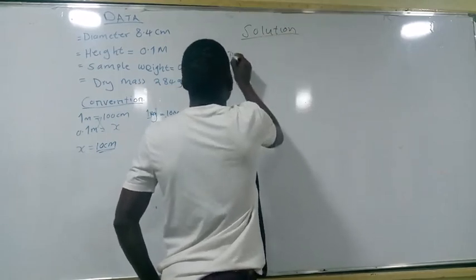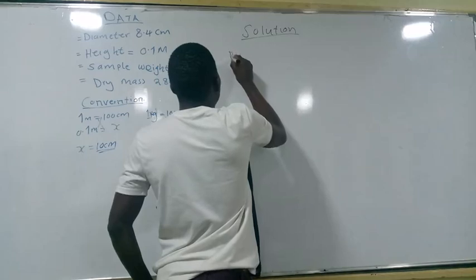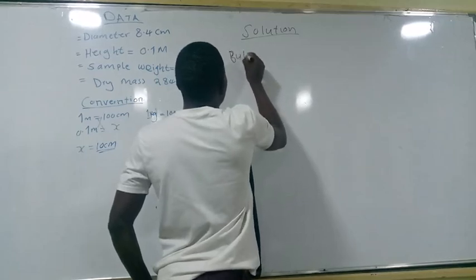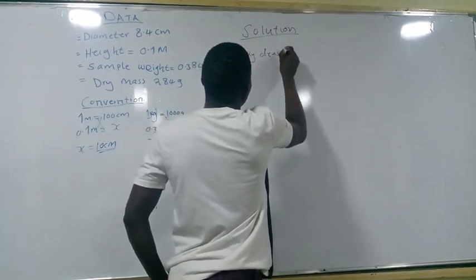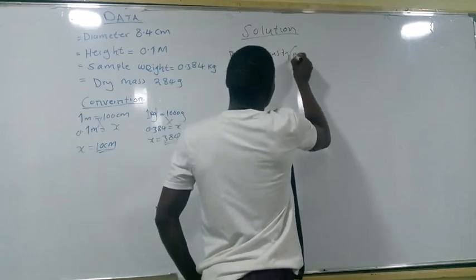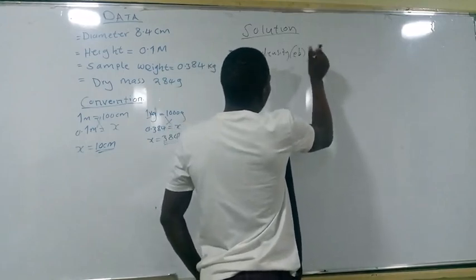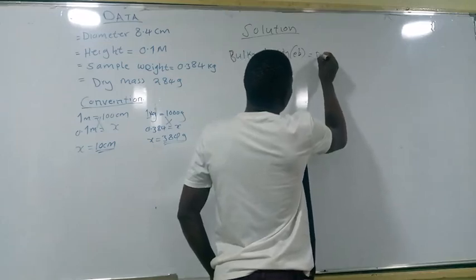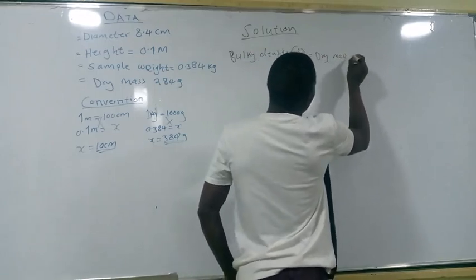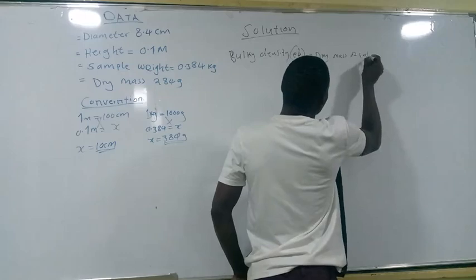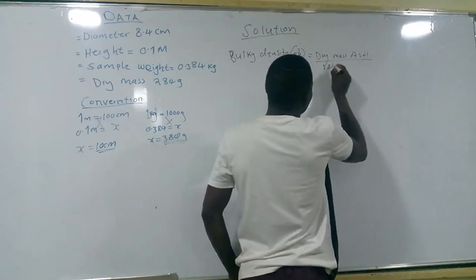So bulk density is equal to dry mass of soil over volume.